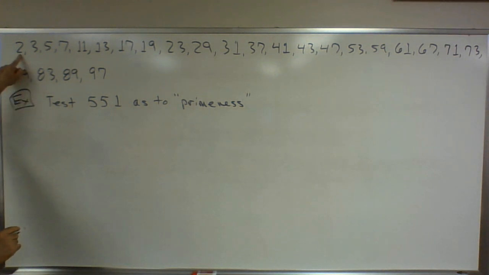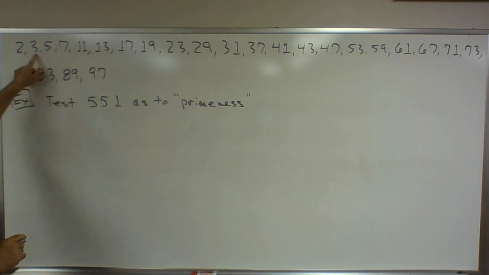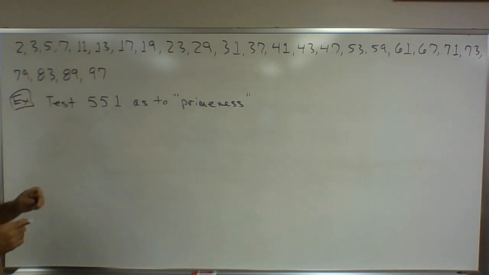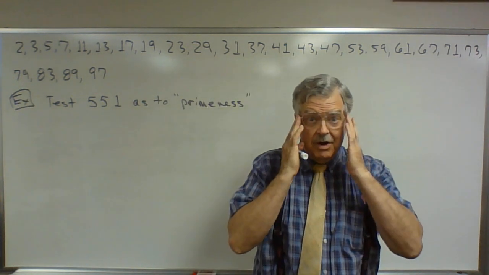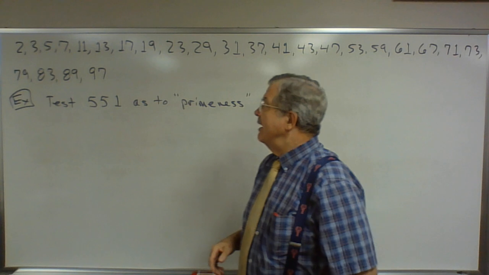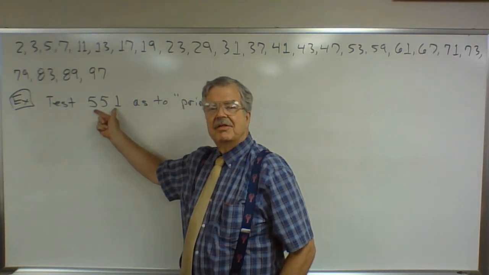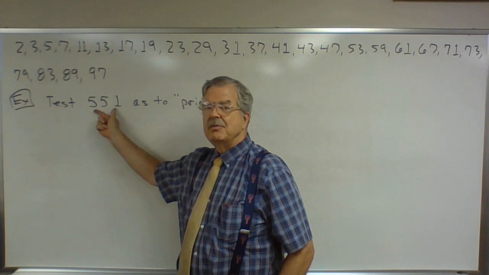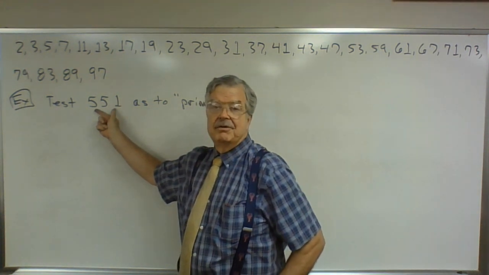Do I need to check out 2? No, this isn't an even number. We know 2 is not a factor. Do we need to check out 3 as a factor? We don't. There's a trick. If we don't know it, we'll learn it in this class. If we add up the digits of a number and the sum of the digits isn't divisible by 3, then the number is not divisible by 3 either.